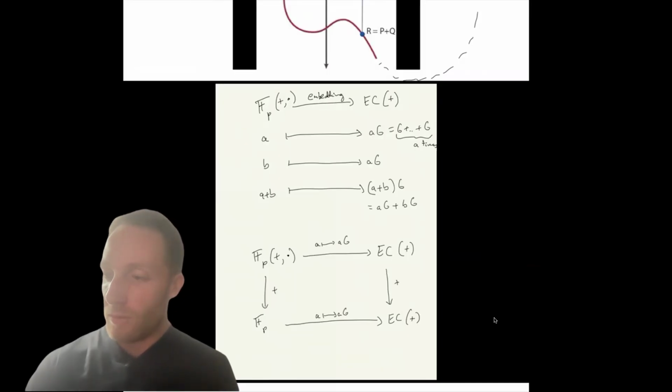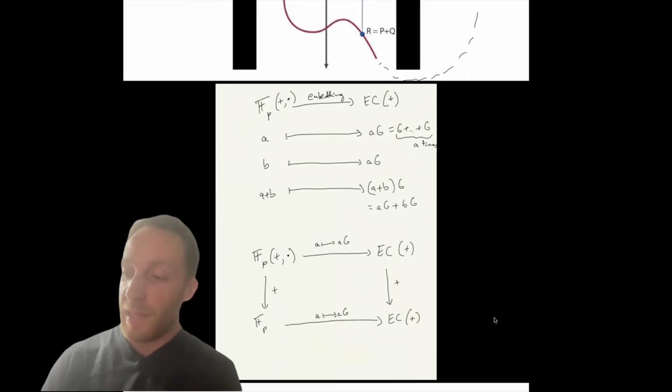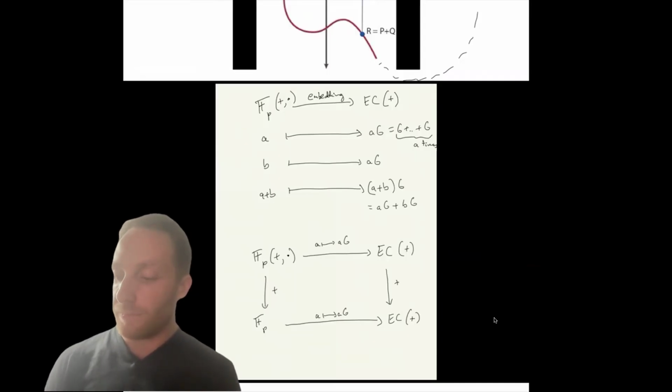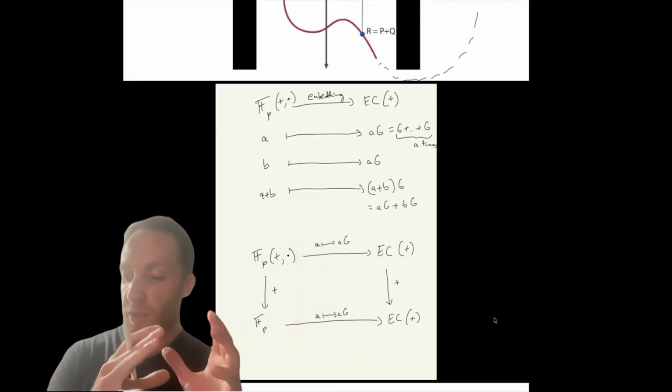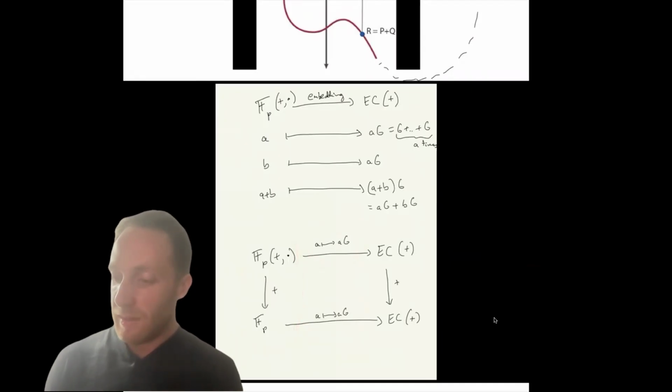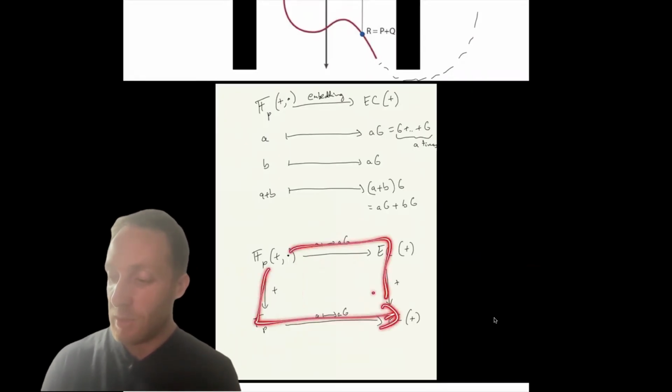And so what we mean when we say that this mapping preserves the plus structure, the additive structure on the field, is that this diagram is commutative.